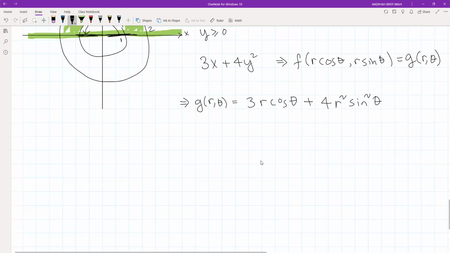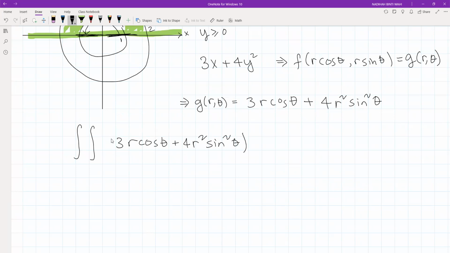Okay, so the whole thing will be 3r cosine theta plus 4r squared sine squared theta, r dr d theta. Okay, so r goes from what?